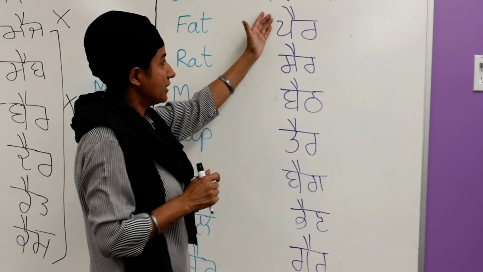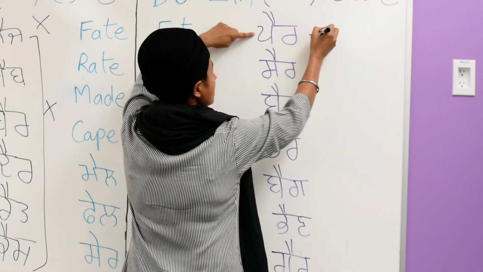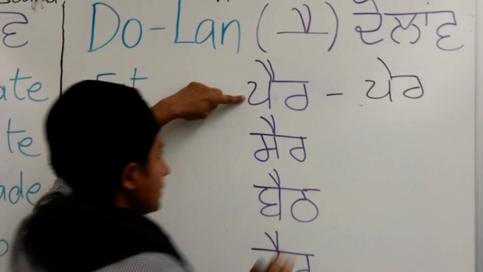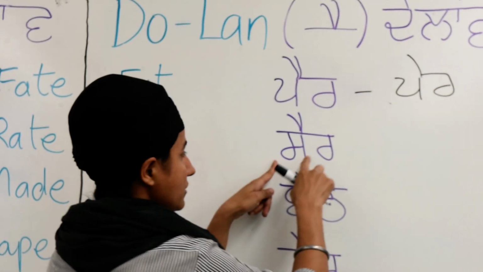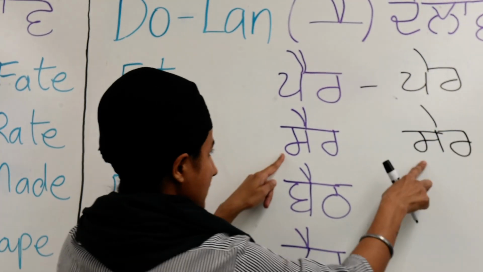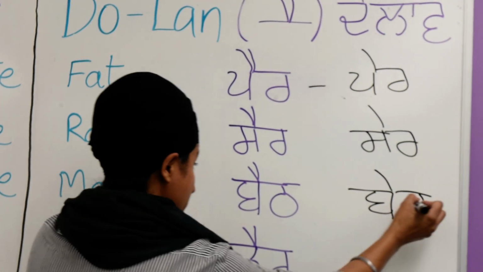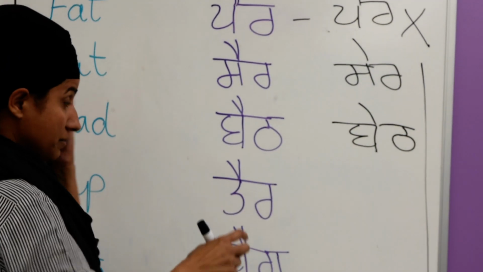So this is pair with the Do-Lanv. If we do the comparison with the lam, then it will be pair, pair, sad, with one, sare, bat. With lam, what will it be? Bait. Remember, these are not correct words.